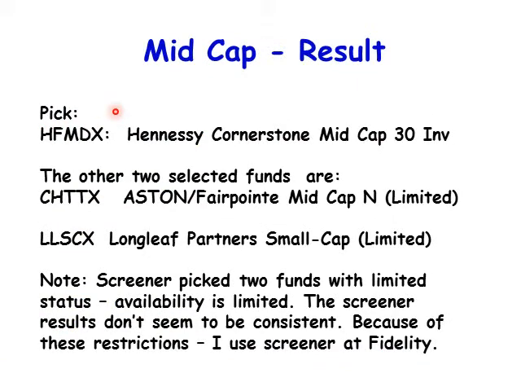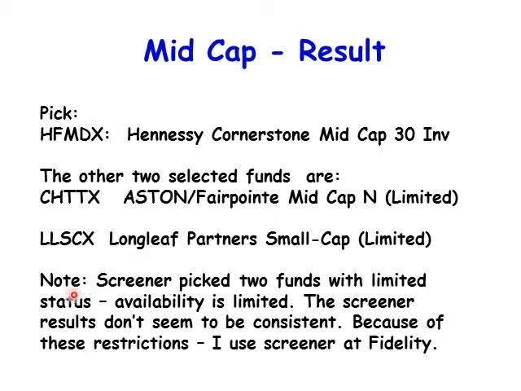During my initial run from the screener, I got these three funds: HFMDX, which is Hennessy Cornerstone Mid Cap 30, Ariel Fairpoint Mid Cap Class N, and Longleaf Partners Small Cap. Two of these funds had limited availability, and this one is freely open to new investors.